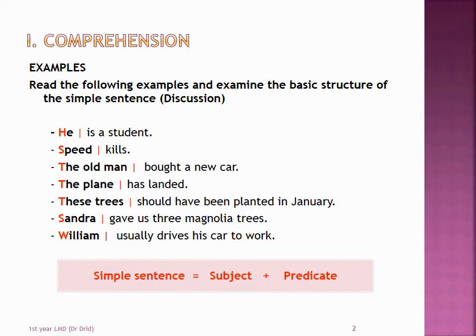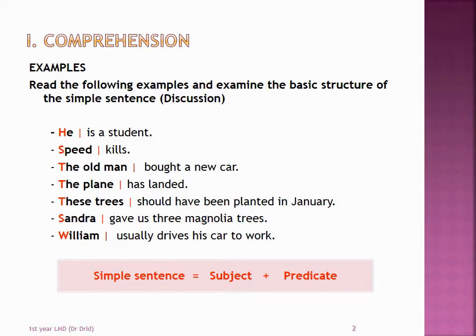Speed kills. The old man bought a new car. The plane has landed. These trees should have been planted in January. Sandra gave us 3 magnolia trees. William usually drives his car to work. All of them express a complete idea, or we say a complete thought.